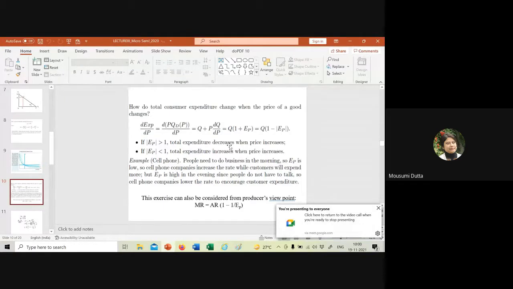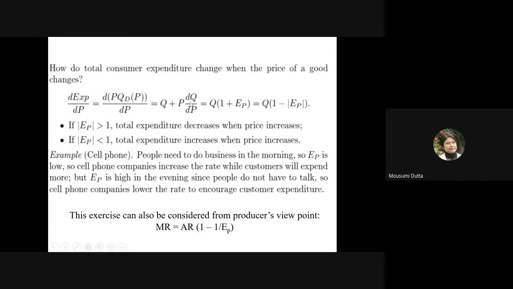Is it visible? If I keep it in this format, is it visible? Okay, so D of P into Q, basically Q suffix D. I am writing here, I am considering the expenditure function.